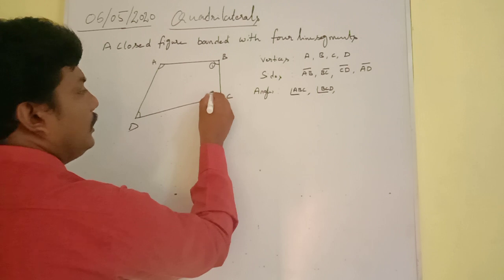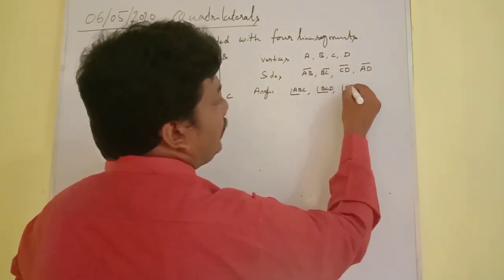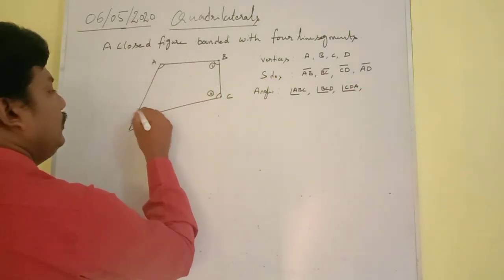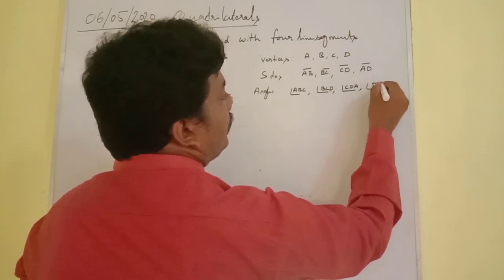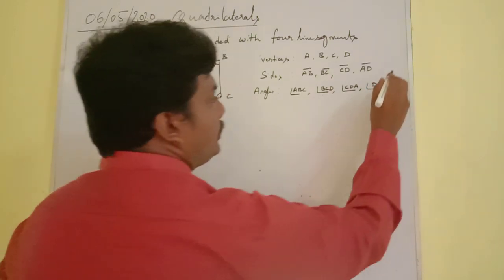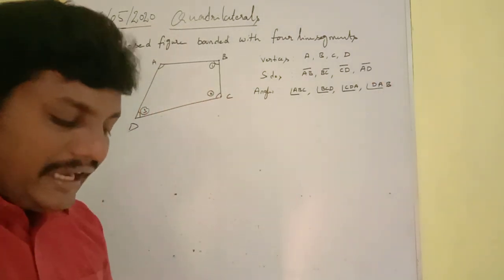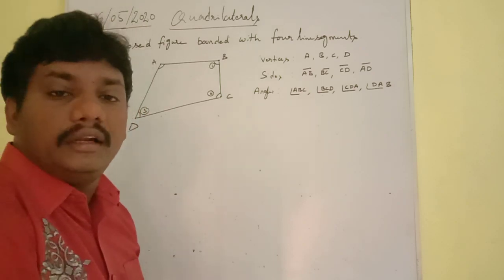Then angle CDA is the third angle. Then angle DAB. These are the four interior angles of the quadrilateral.